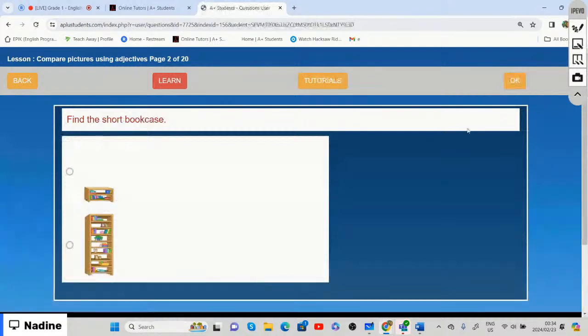You need to find the short bookcase. Is it the first option or the second option? So we need to find the short bookcase.